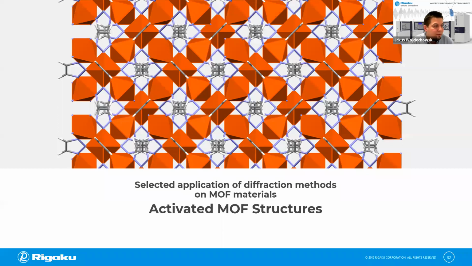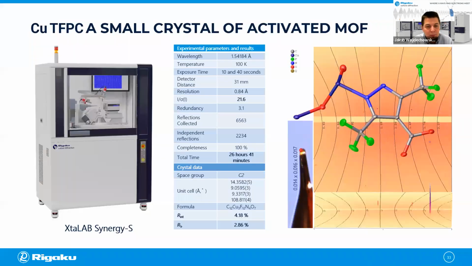So the unique thing that I think a single crystal instrument is always winning at is the possibility to solve a small crystal or activated MOF. Very often, very nice crystals, if they have a solvent inside and you go through the process of activation, will just crumble and fall apart. And in the end, you end up with very small objects.